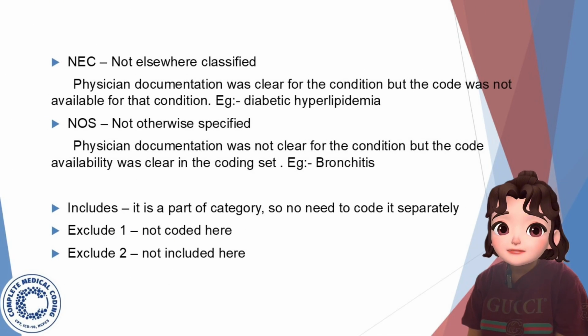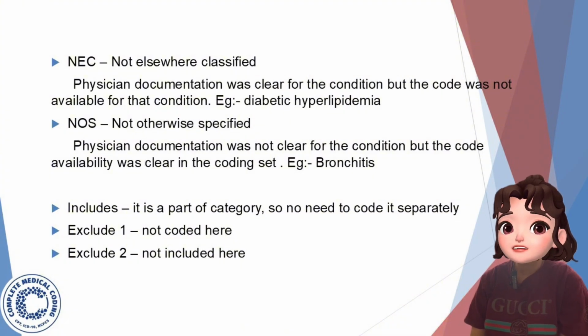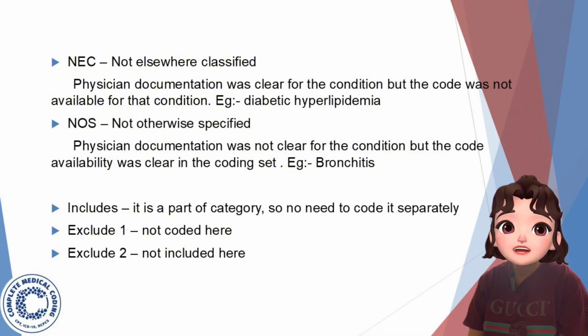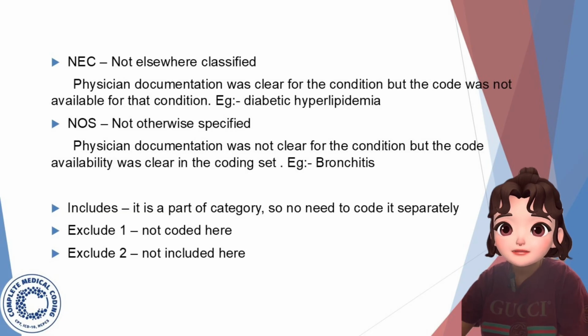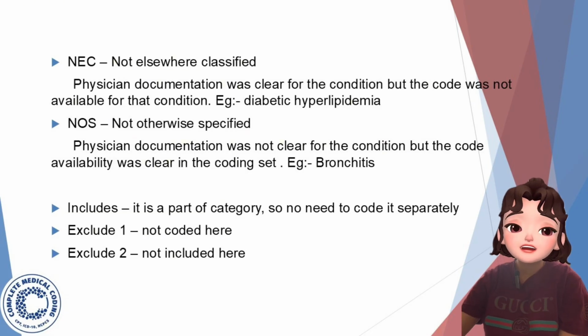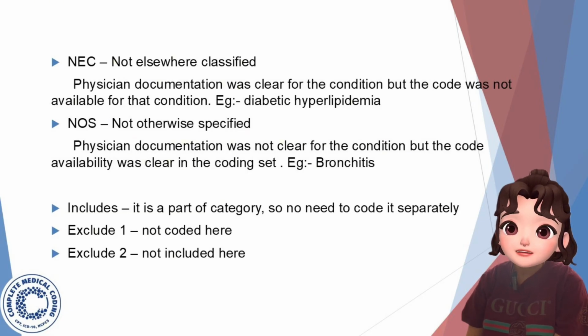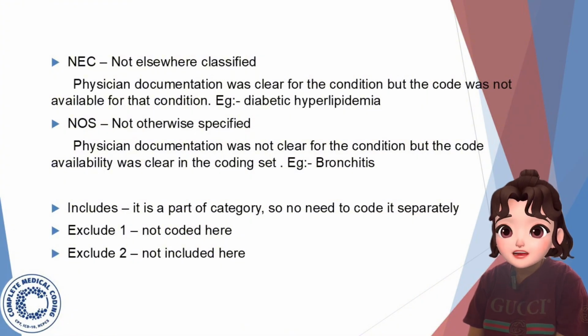Now, NEC and NOS. You regularly get NEC and NOS, and there is a main difference between them. NEC means not elsewhere classified, and NOS means not otherwise specified. NEC means the physician documentation was clear for the condition, but a code was not available for that condition.